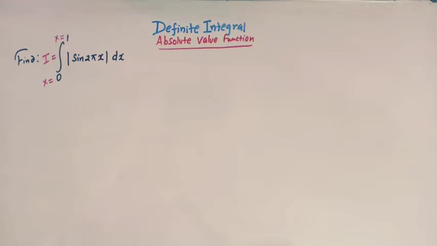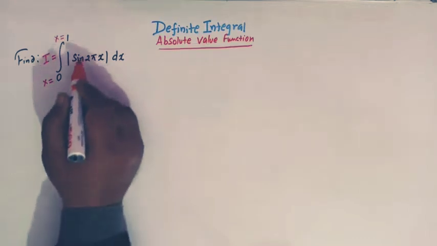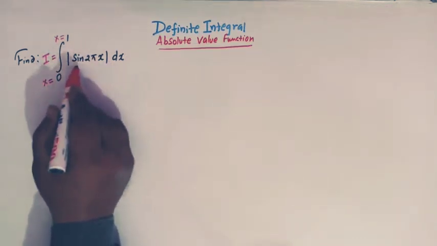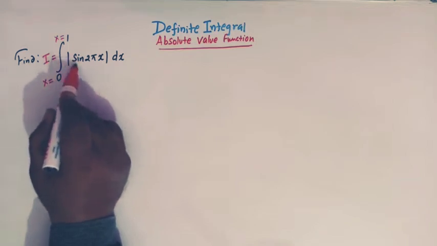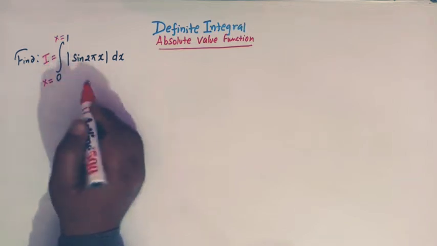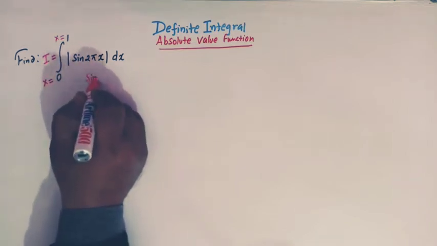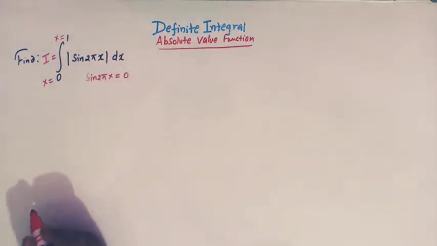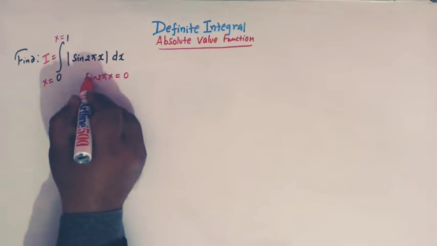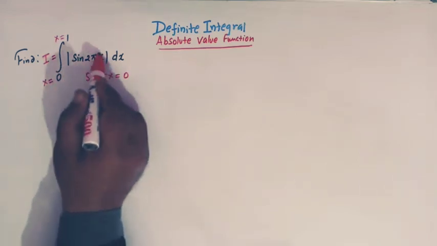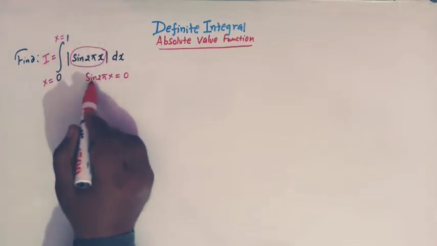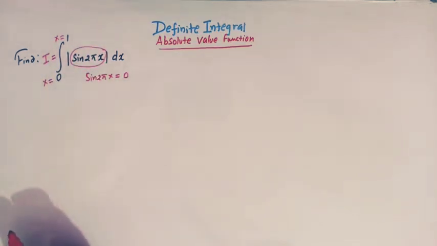The first concept is to find out the critical points of this function, and the critical points would be obtained by putting sine 2 pi x equal to 0.